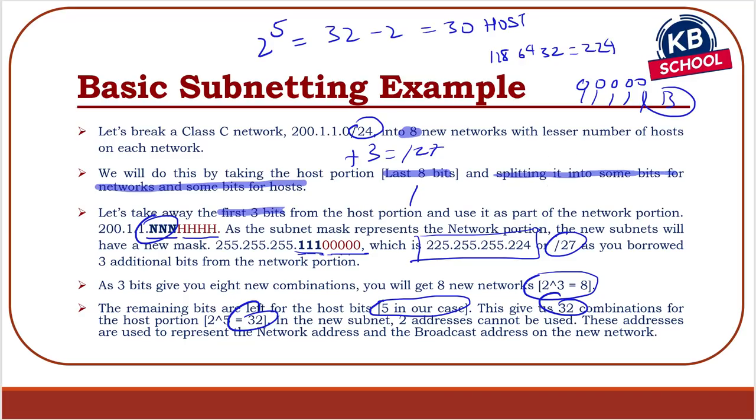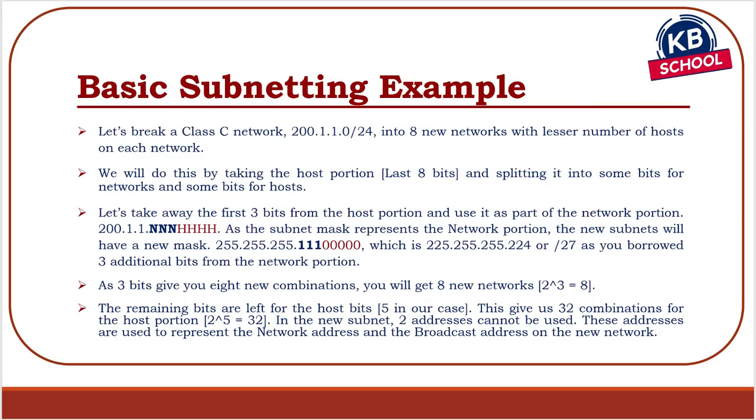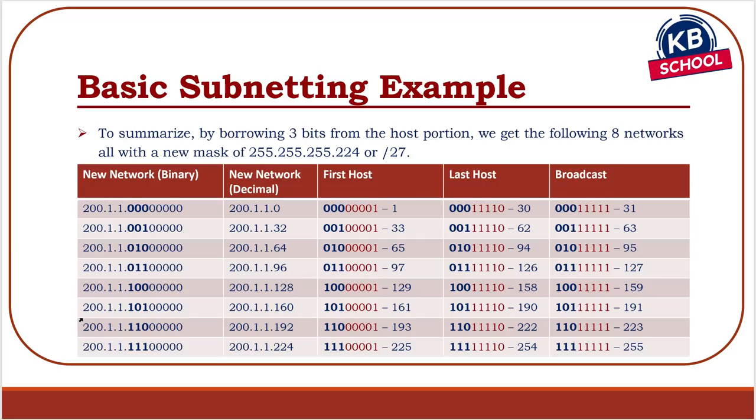All right. So based on this, I have a table that I've created for you guys right after this to show you the breakdown. Again, doing the same things. To summarize the previous slide, by borrowing 3 bits from the host portion, we get the following 8 networks all with a new mask of 224. 255.255.255.224, or /27.